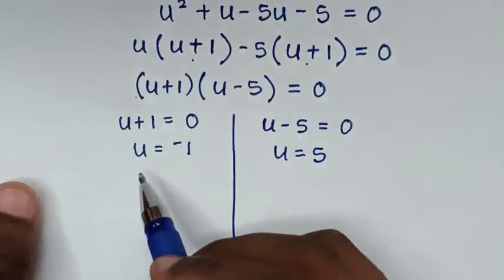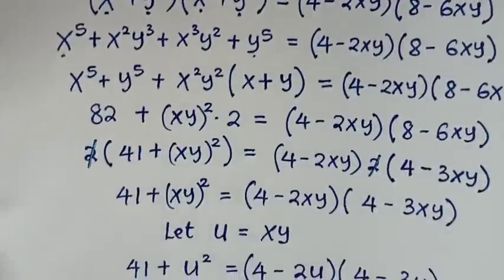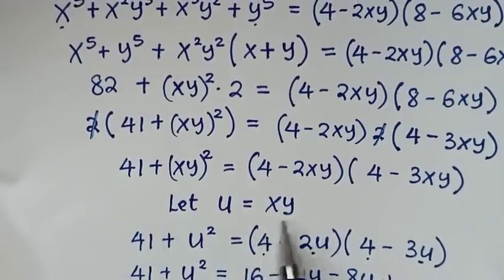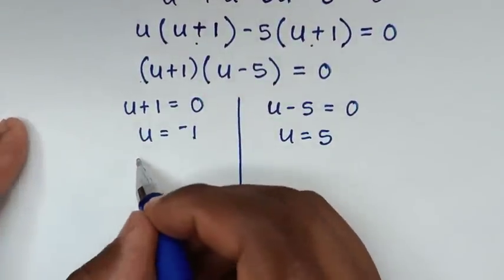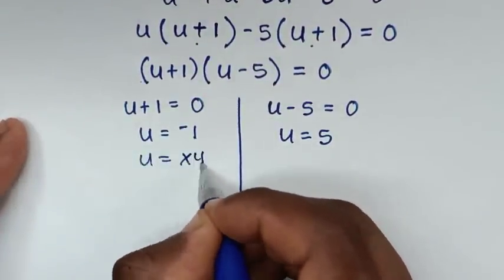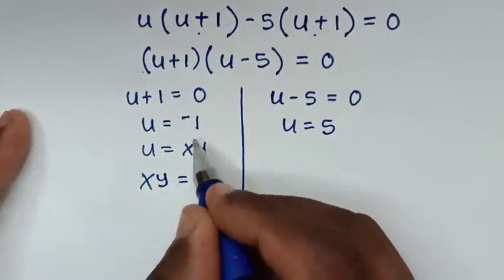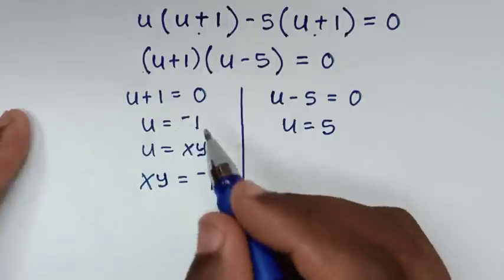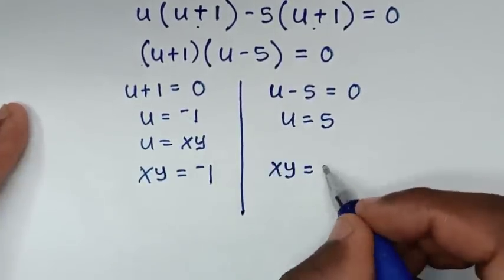Then we recall before we let u, it is equal to xy, so xy is equal to negative 1, and also xy is equal to 5.